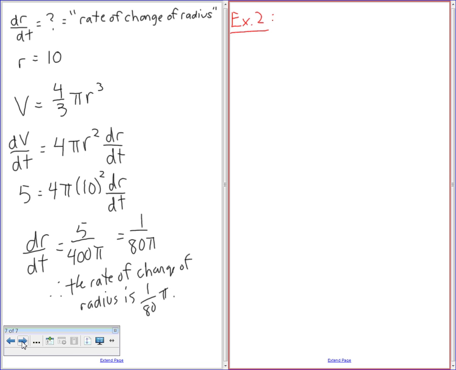A 15-foot ladder resting against the wall.